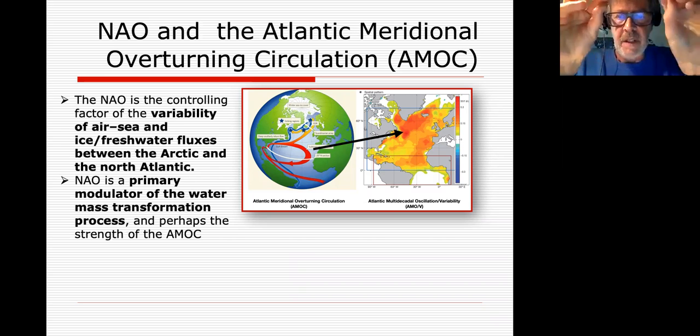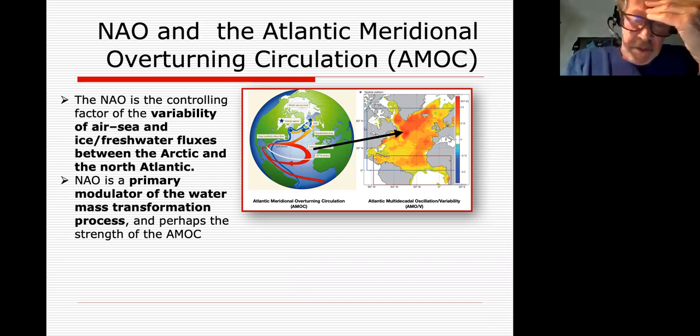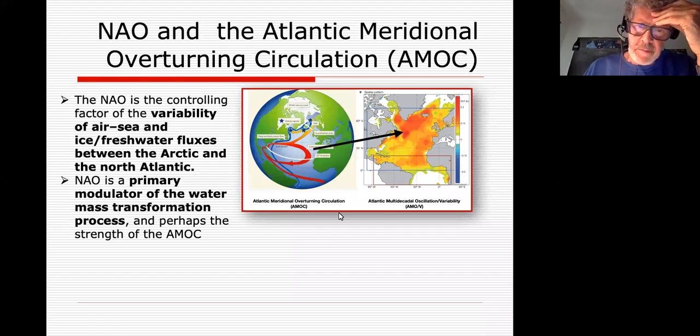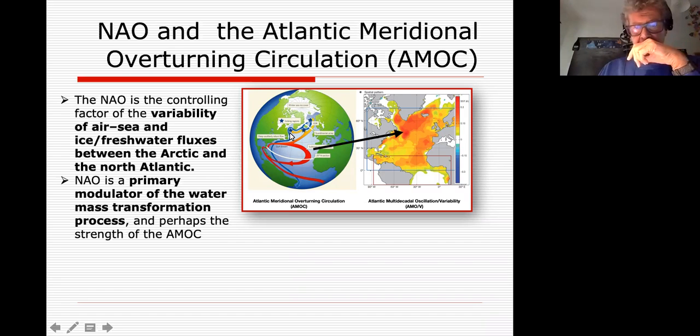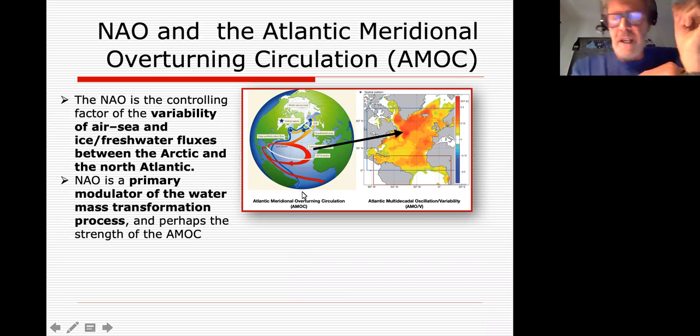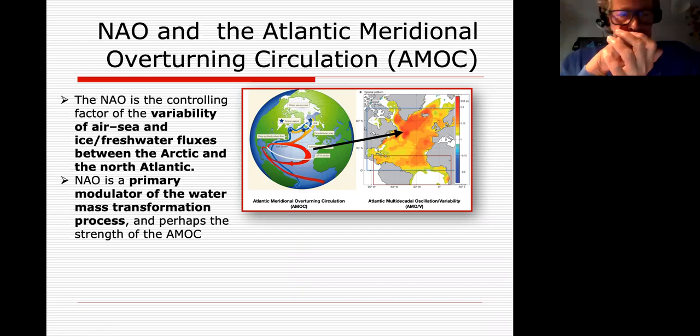This dense water falls down and creates the return branch of the AMOC, which is cold, is adjusted on the American coast and goes down up to the Arctic Ocean.